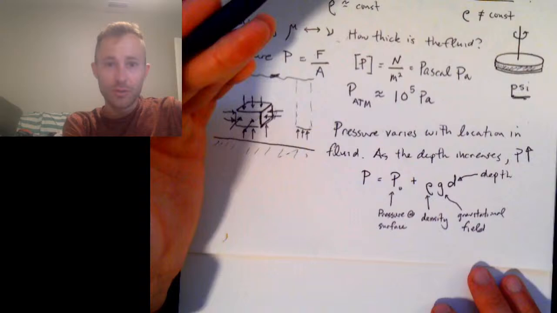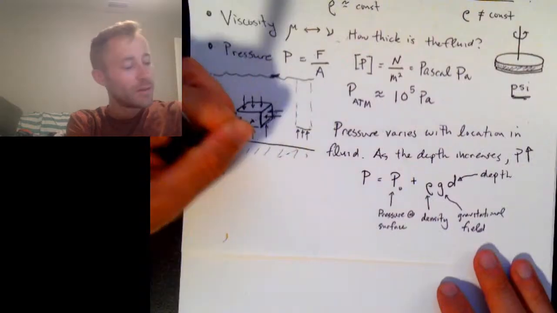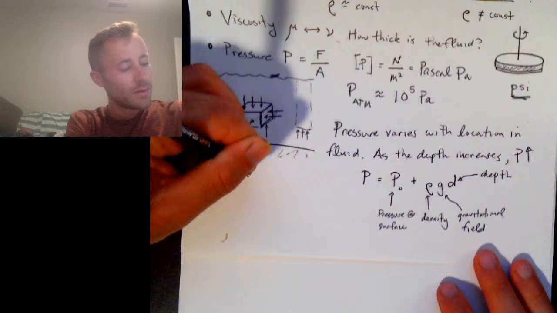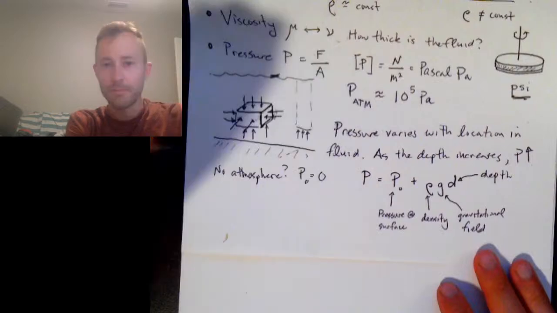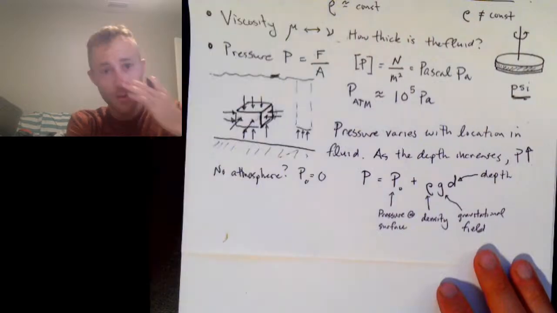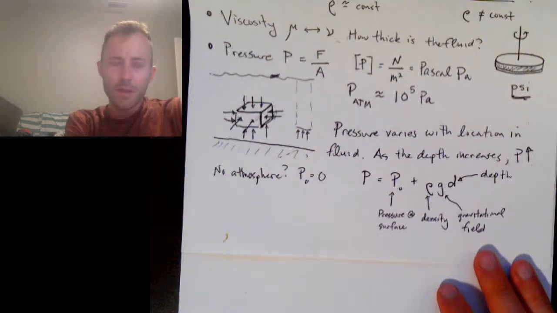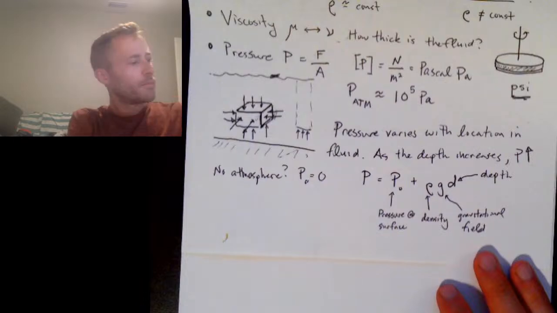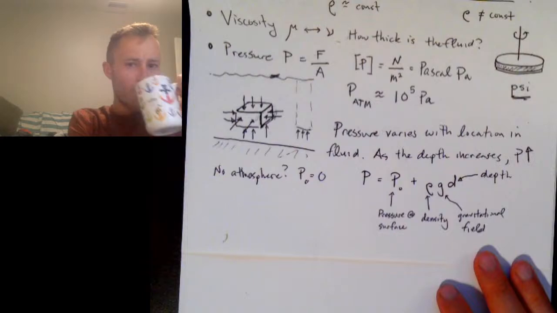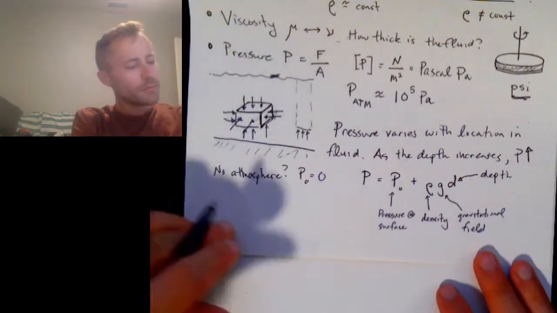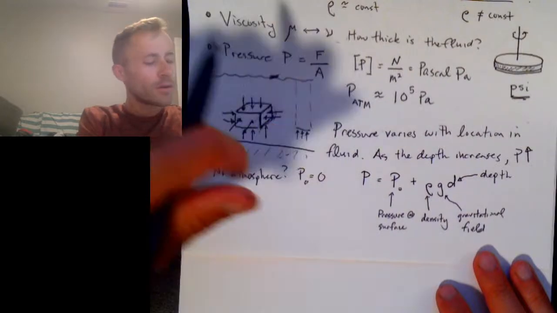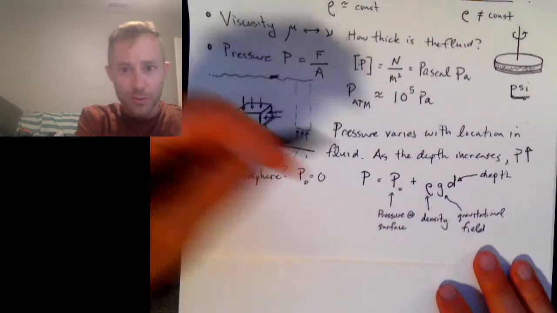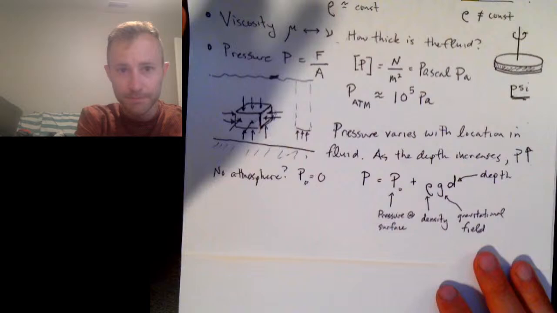So if the planet did not have an atmosphere, if there is no atmosphere, then that means that the pressure at the surface is equal to 0, okay? All right, and also it's possible that the fluid is not water, for example.